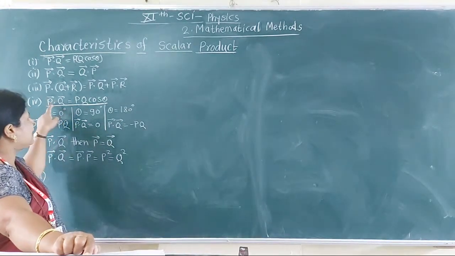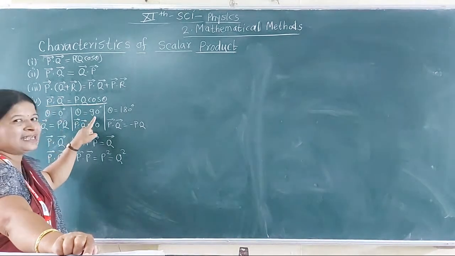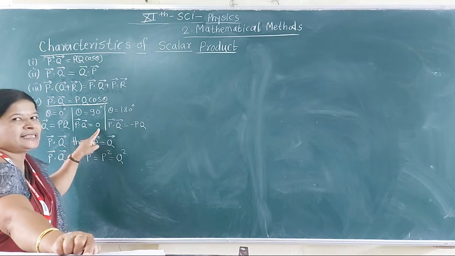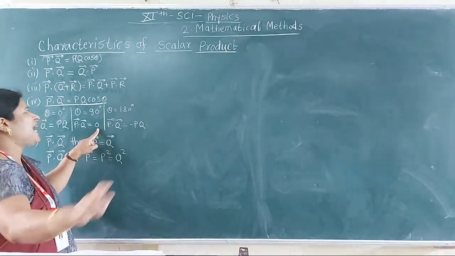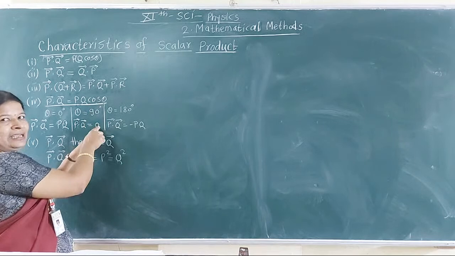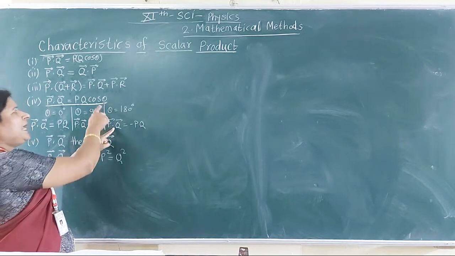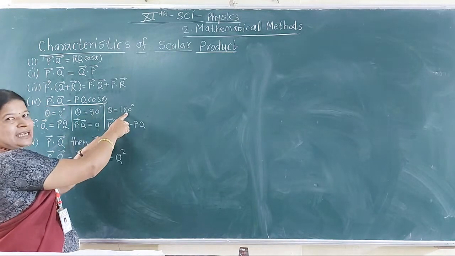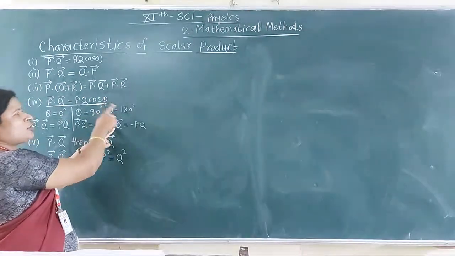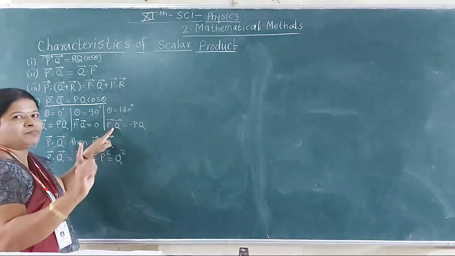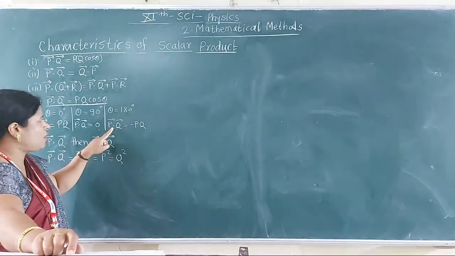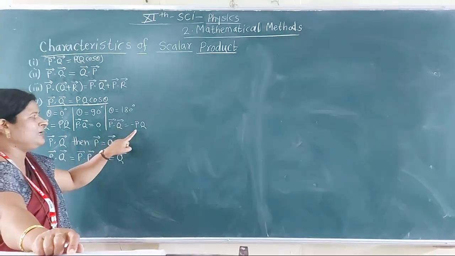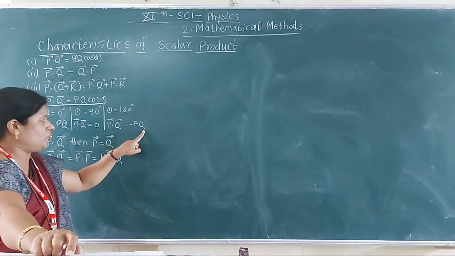If the angle between these two vectors is 90 degrees, then vector P dot vector Q is equal to 0. We know that cos of 90 is 0. If the angle between two vectors is 180 degrees, we know that cos of 180 degrees is minus 1. Therefore, vector P dot vector Q is equal to minus PQ.